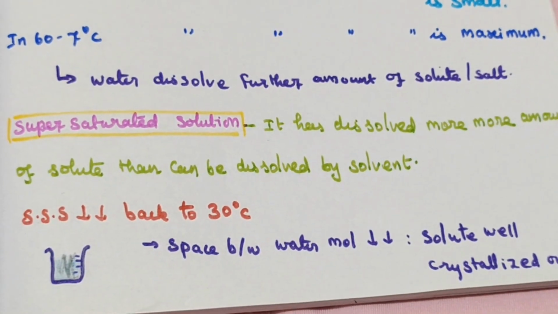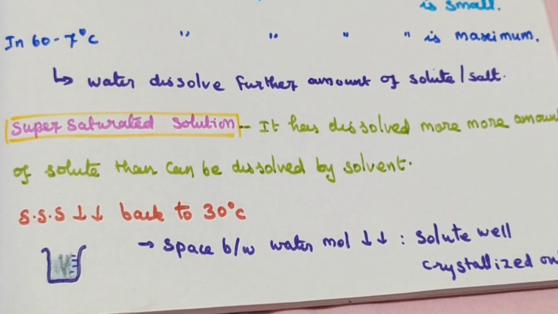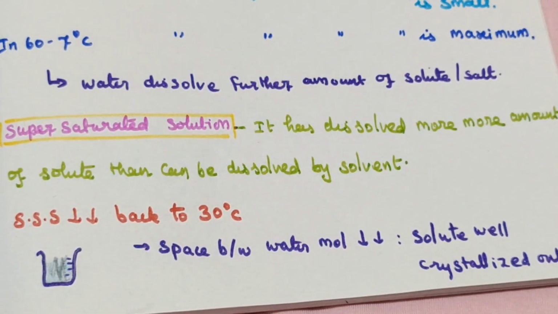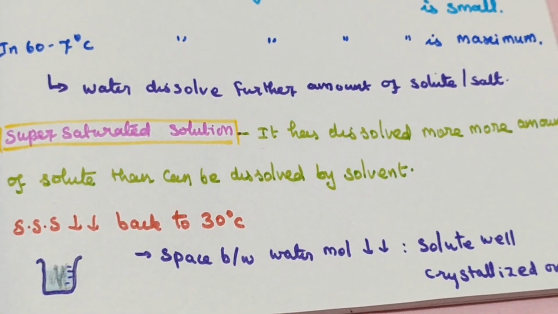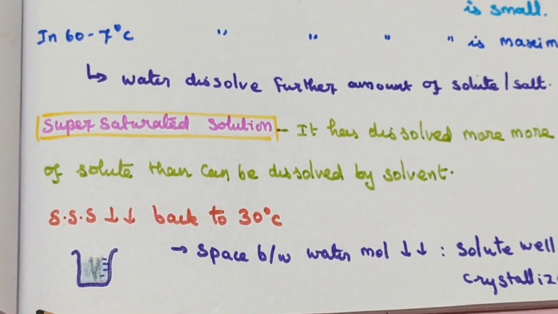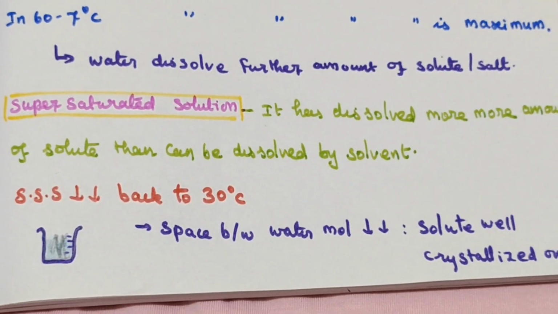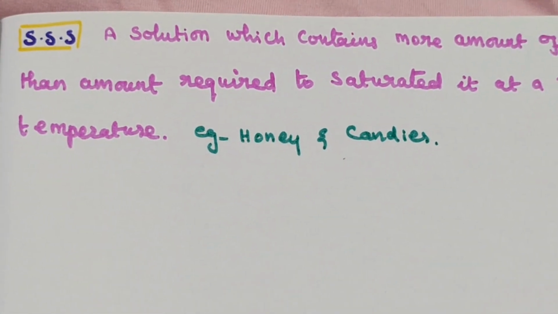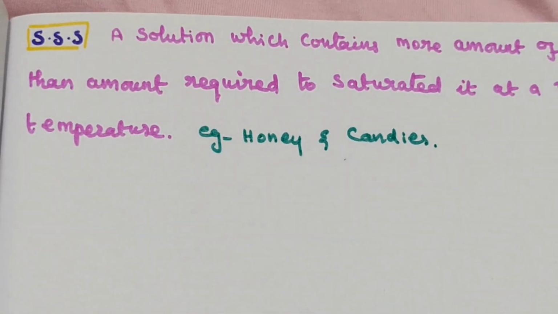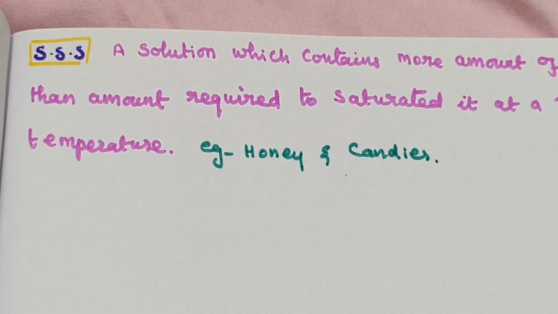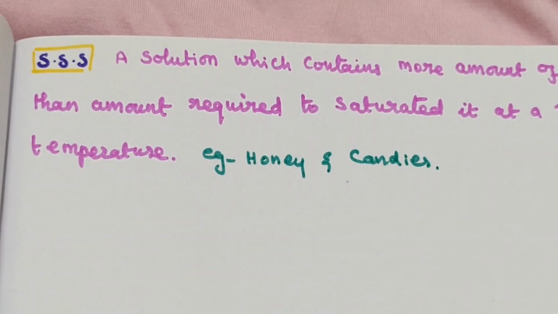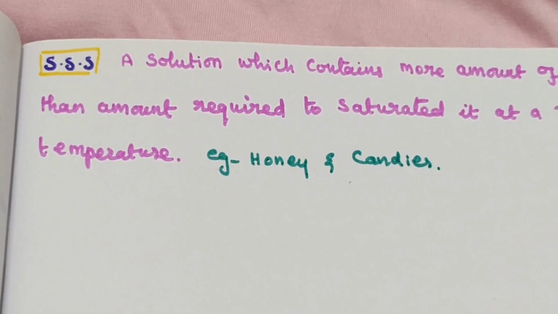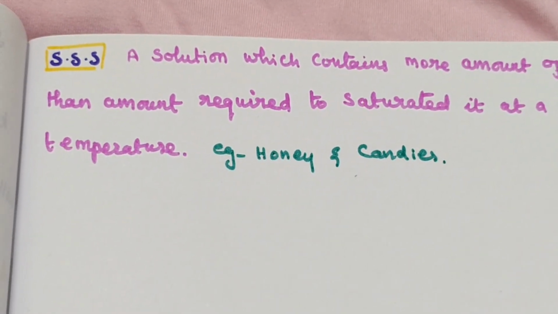When the solution cools, the space between water molecules decreases and the extra dissolved sugar solute will crystallize out. Hence, we say that the solution at 30 degrees Celsius is now supersaturated because water has dissolved more solute than can be dissolved by water at 30 degrees Celsius.